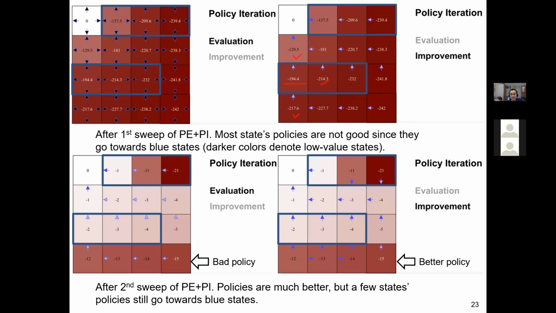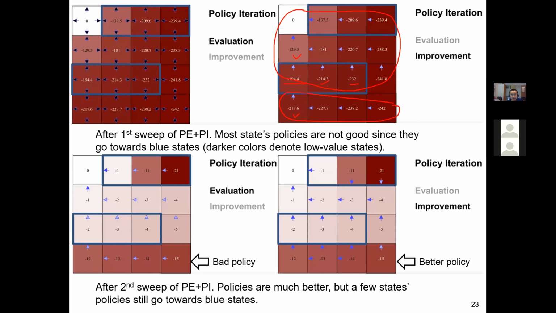And similarly for this one and this one, going north is the best and west is the best. In general, you can see that these policies up here seem to be okay. They're moving towards the upper left terminal state. But these look very strange. They're not very good because they are moving towards the blue states, the very negative states. So that's one iteration of PE plus PI.